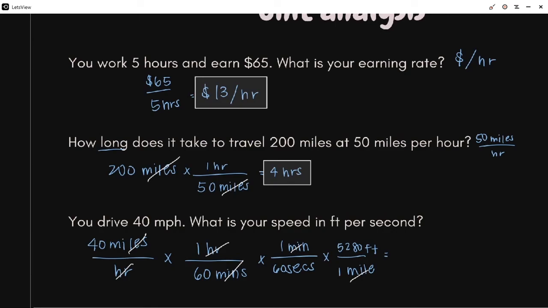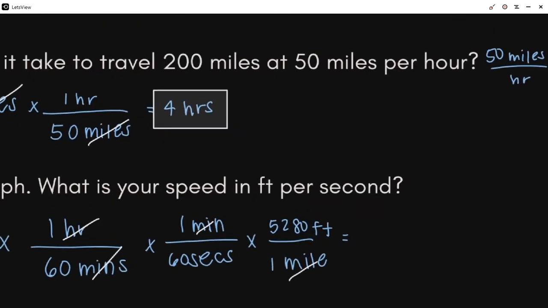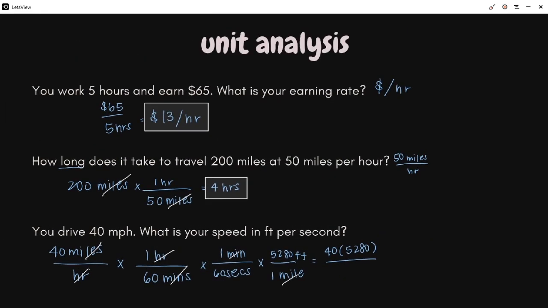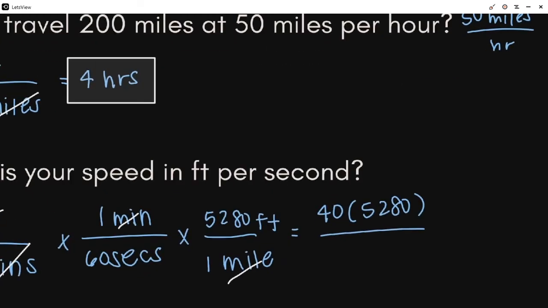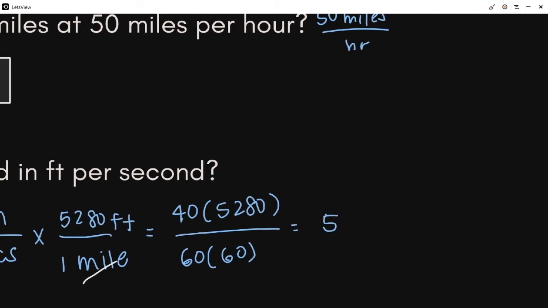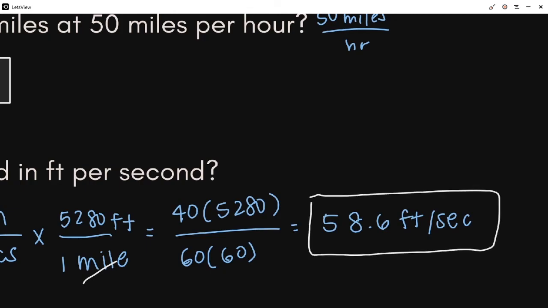So 40 times 1 times 1 times 5,280. And on the bottom, you're going to do the same thing. So here's 1 hour. So 1 times 60 times 60 times 1. So that's just 60 times 60. And once you plug that into a calculator, you'll get 58.6 feet per second. And then this would be the final answer.